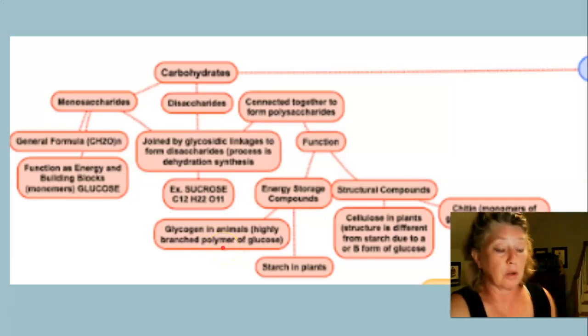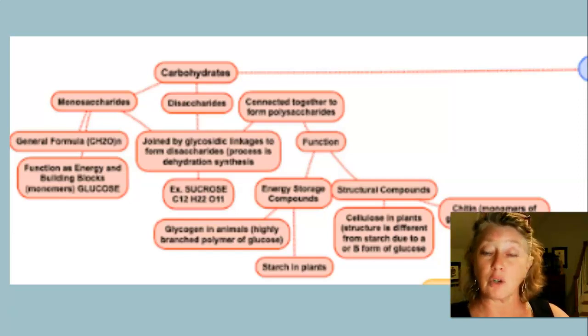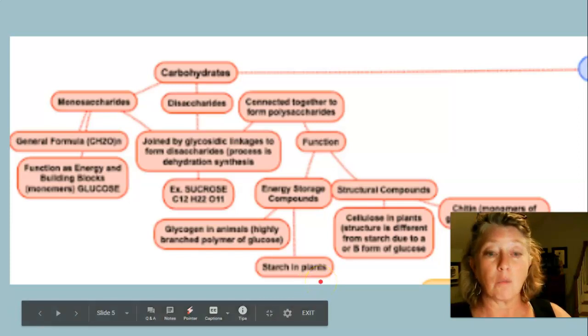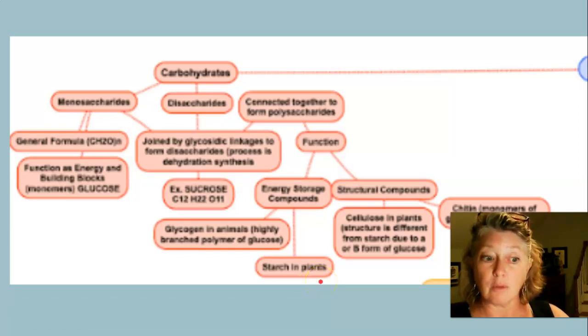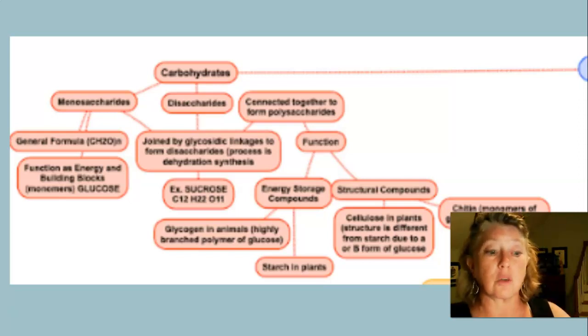So we store glucose in our livers and make glycogen out of it, and that is a nice compact way to put all those glucose molecules together for when our blood sugar drops and we need some glucose. Plants are going to put it together as starch, and fortunately we can break starch down. So when we eat starches for food, we are getting glucose into our bodies, and that's a good thing.